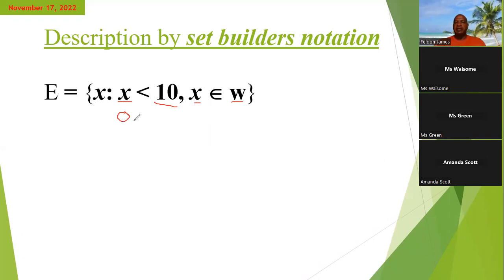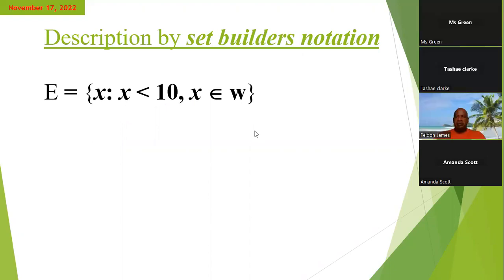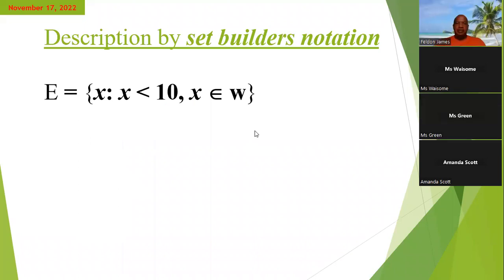From 0 to how much? 9, sir. Right, from 0 to 9, because it has to be less than 10. So we go 0, 1, 2, 3, 4, 5, 6, 7, 8, 9. We put those in curly brackets when we are listing them, and we separate them by a comma. All right, is that clear now to everybody? Let me see your hands.